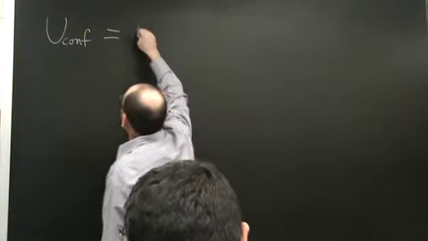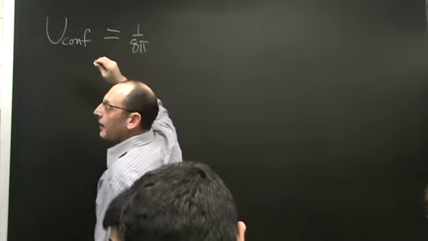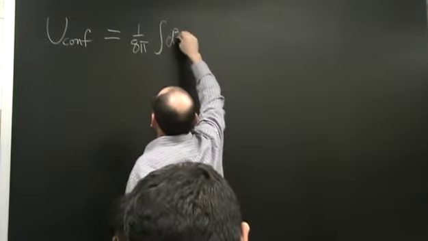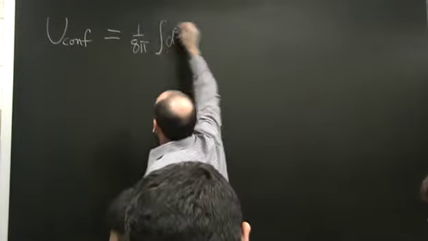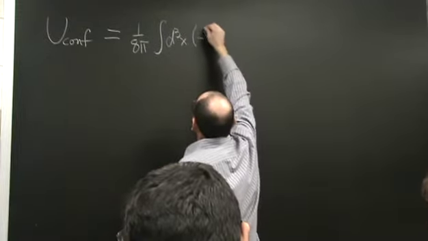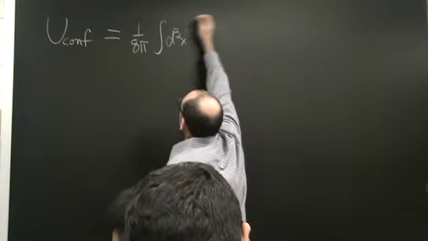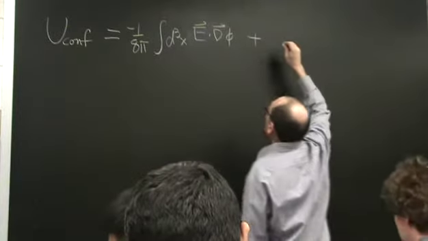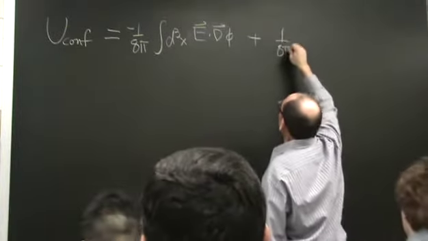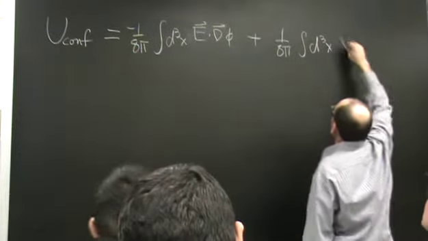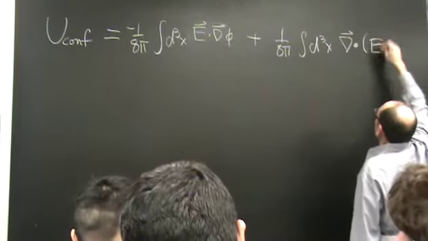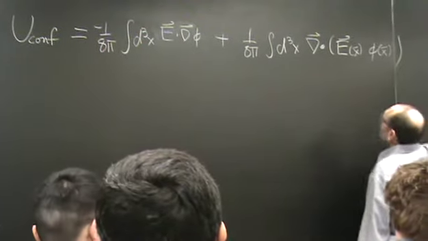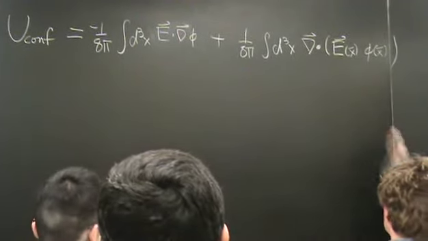Plugging in over here, we get 1 over 8 pi times the integral d cubed x of minus E dotted into grad phi, now, plus 1 over 8 pi, the integral d cubed x, the divergence of phi E, using the expression we just had.